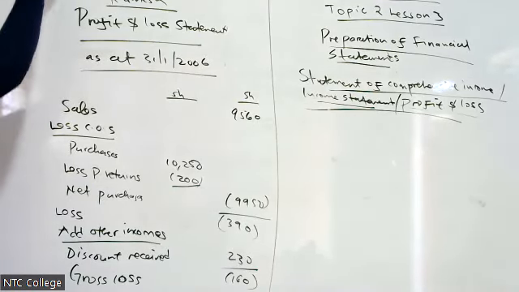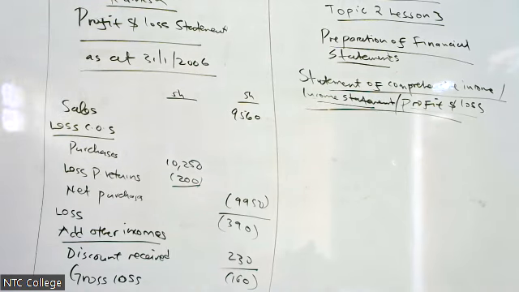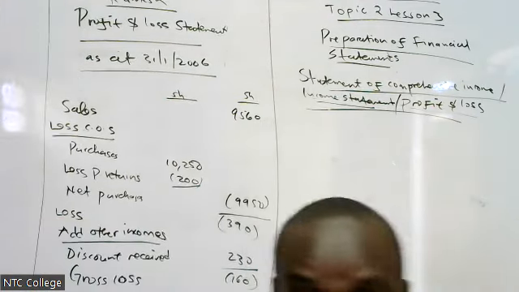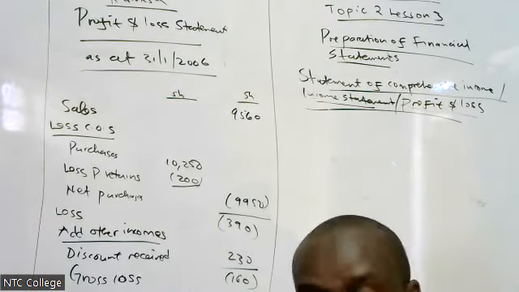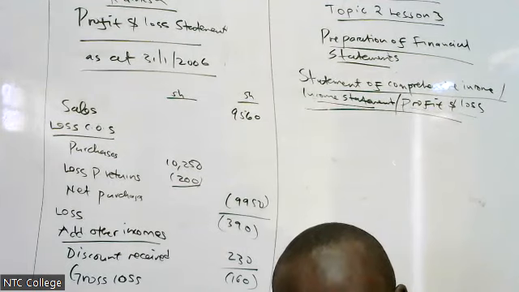Let's pick the expenses. Let's look at the trial balance and give me the expenses on that trial balance. Those who were with me last time, look at the trial balance.